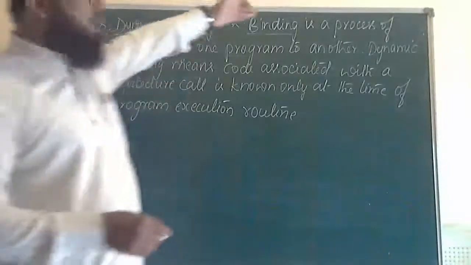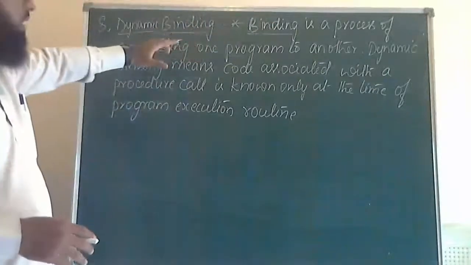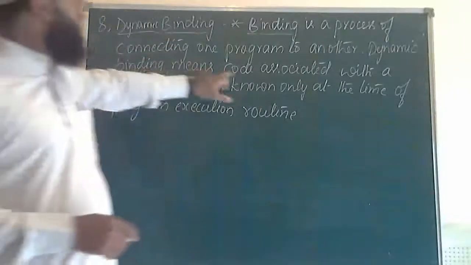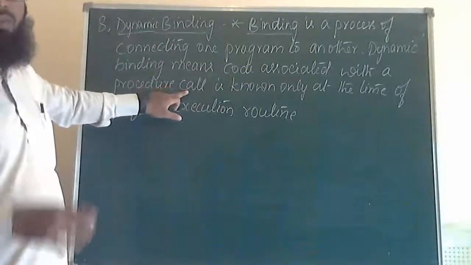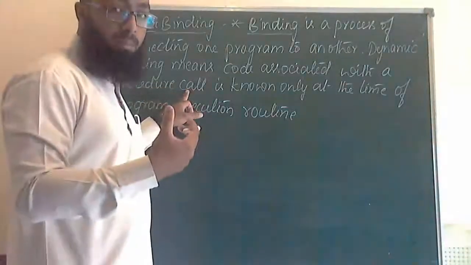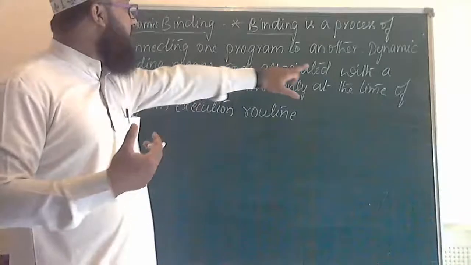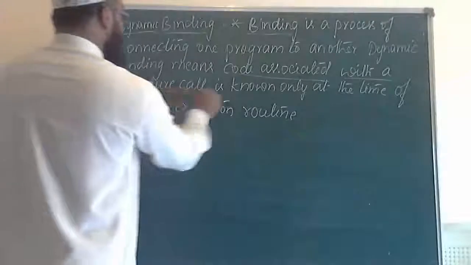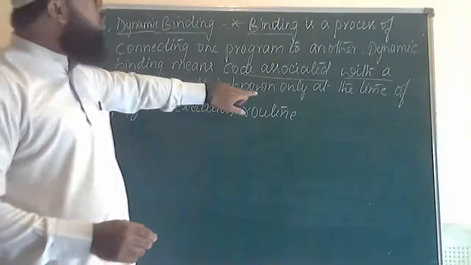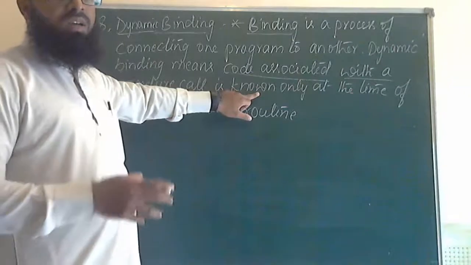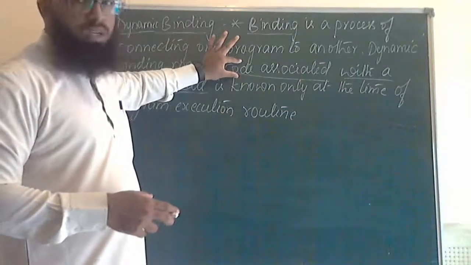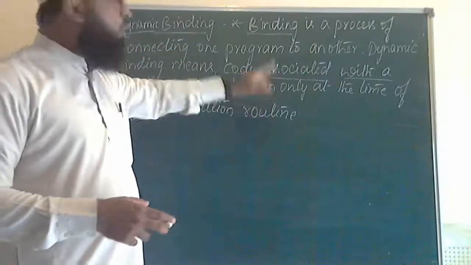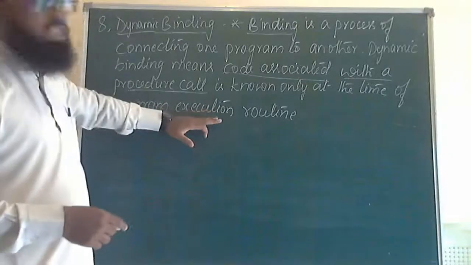Binding is a process of connecting one program to another. Dynamic binding means the code associated with a procedure call. Whenever a function is called in the program, the code associated with that procedure call is known only at the time when the program is executing.